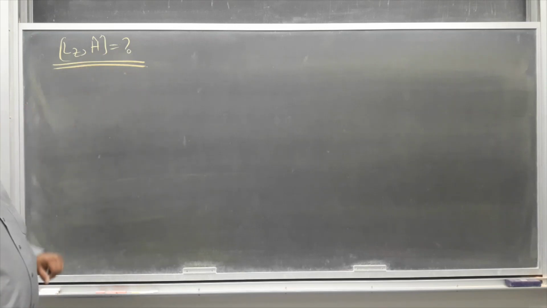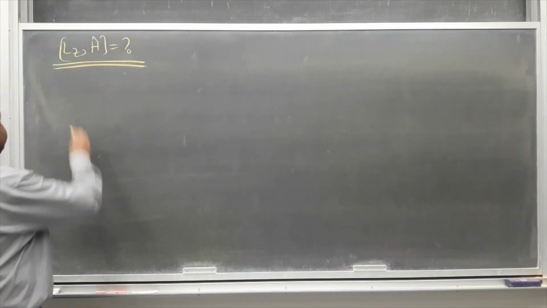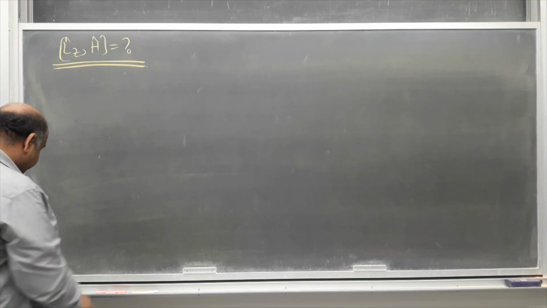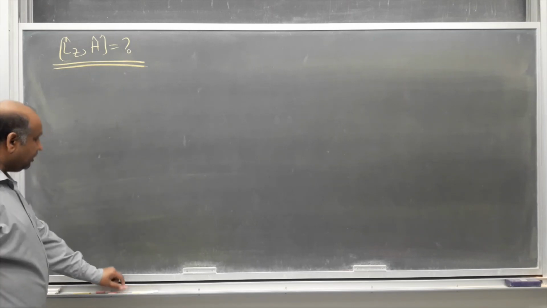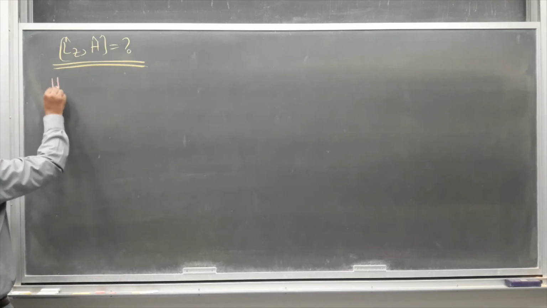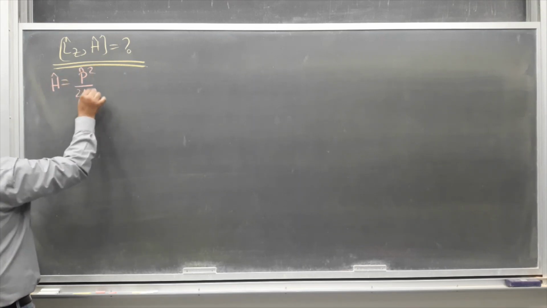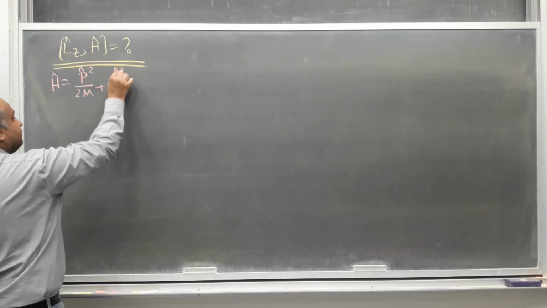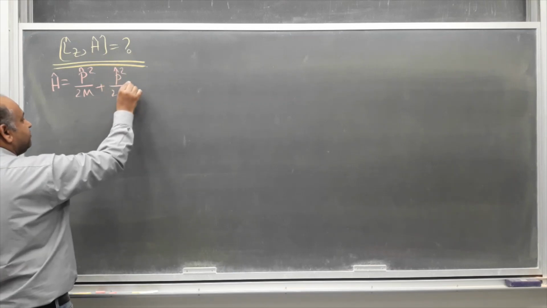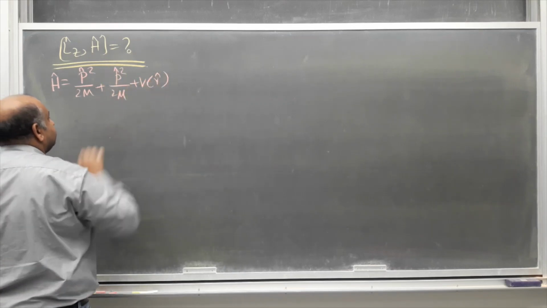So this is our goal. And just to recall, the Hamiltonian is the total momentum square plus the relative momentum, reduced mass, and the potential.